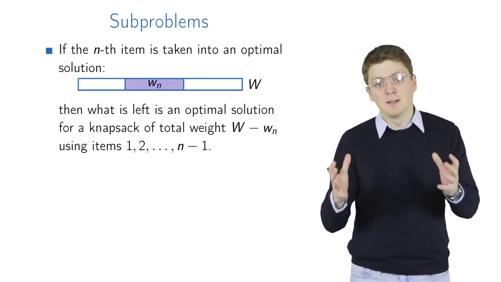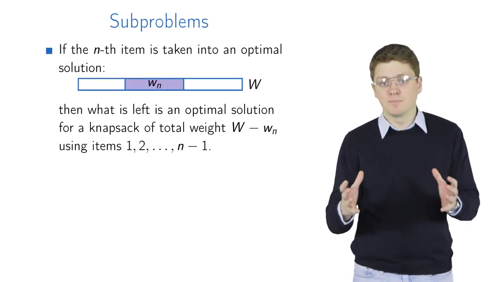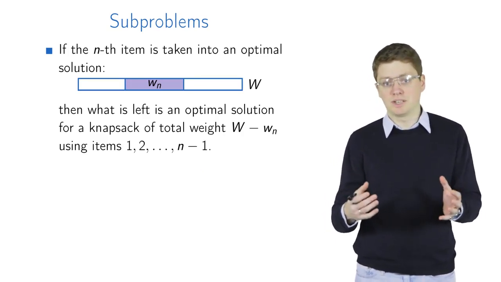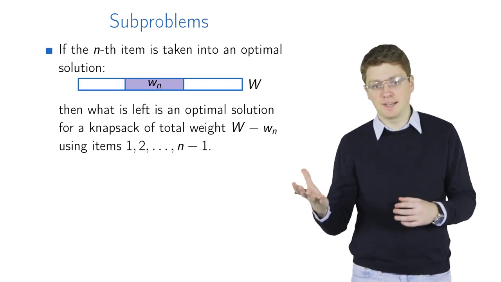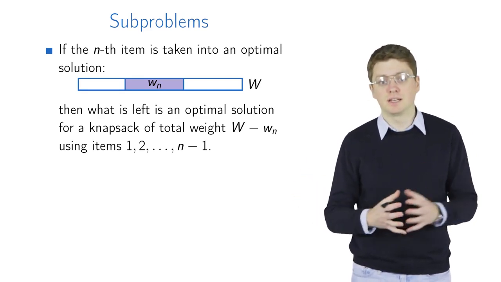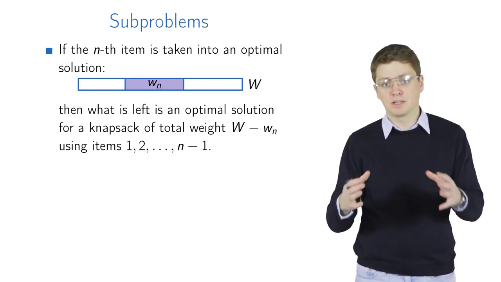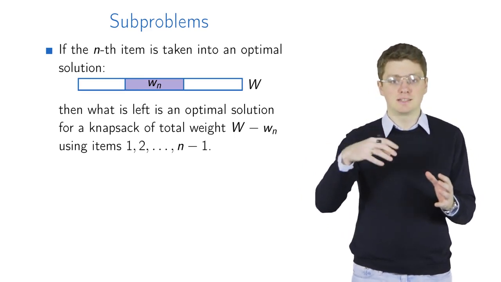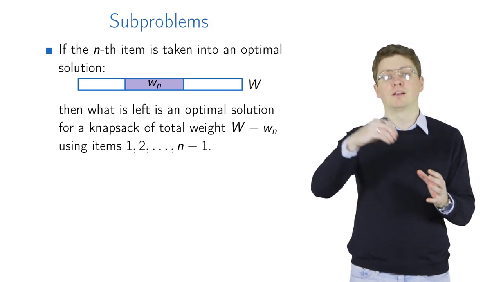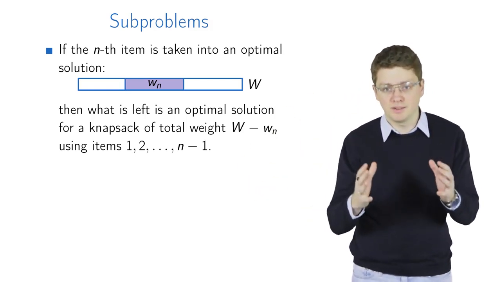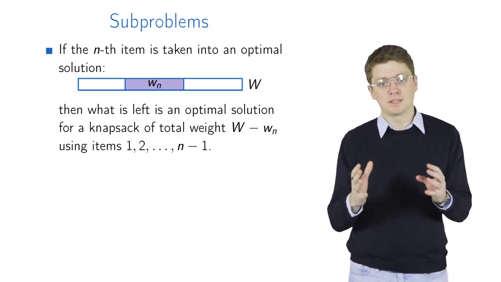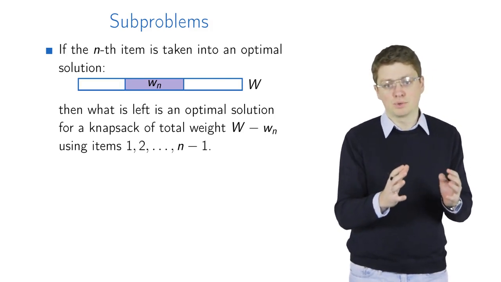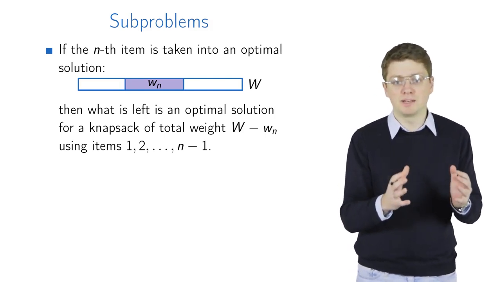Still, let's take a closer look at our optimal solution. It is not difficult to see that there are only two cases. Either it contains the last item or it doesn't contain it. Assume that it contains it, and let's again take this nth item out of our current solution. What is left is, first of all, some solution for a knapsack of total weight W minus Wn.